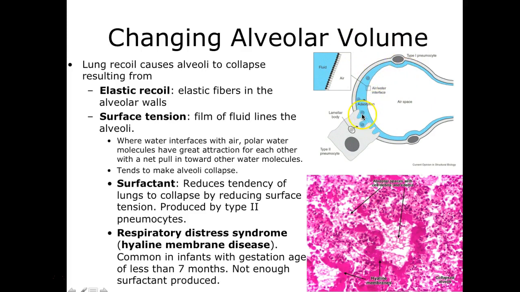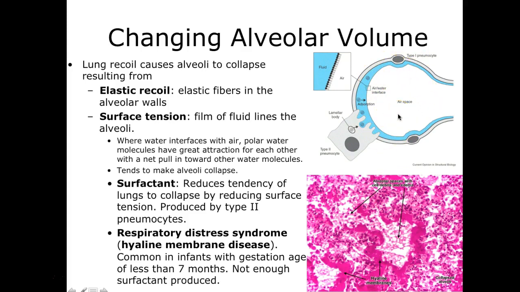Surface tension is the film of fluid that is going to line the alveoli. Where water is interfacing the air, we get polar water molecules that are attracted to one another and will want to pull one side into the other. So that would make this alveolus collapse.